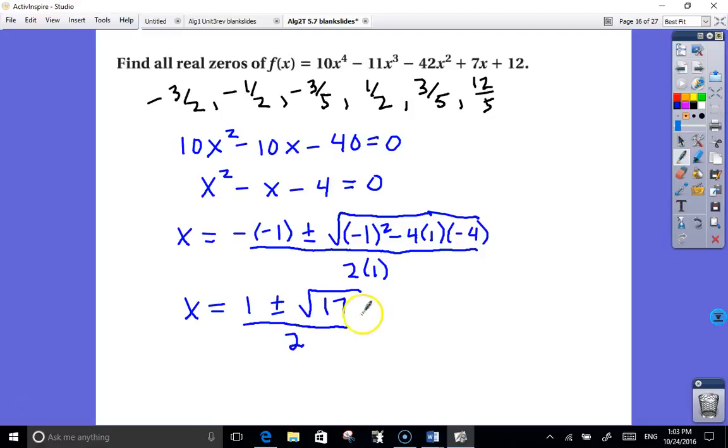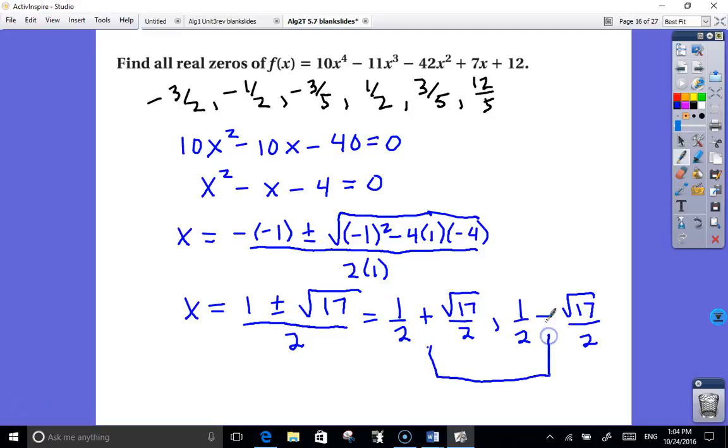In fact, let me write them like this. That means 1/2 plus the square root of 17 over 2 and 1/2 minus the square root of 17 over 2. What do you call two numbers where the only thing different between them is the plus and the minus?